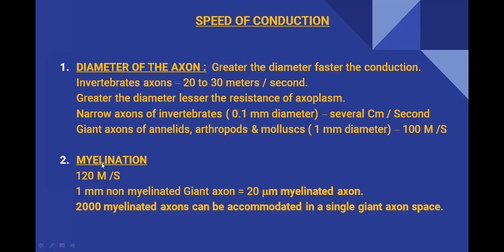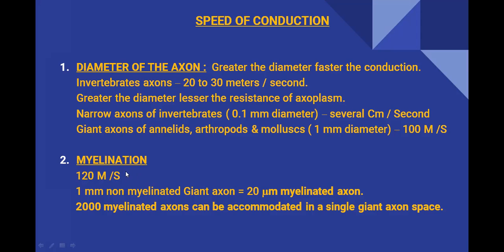Coming to the second factor that affects the speed of conduction, the second factor is myelination, whether the neuron has myelin or not. As we have already discussed, in neurons without myelin, the speed of conduction is very slow, whereas in neurons with myelin, the nerve impulse travels rapidly.